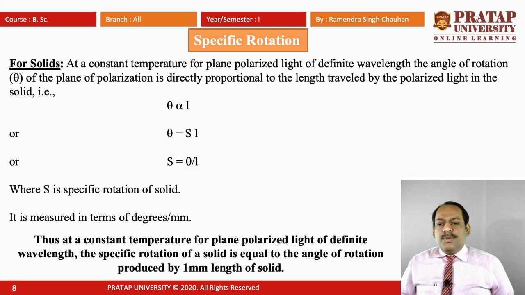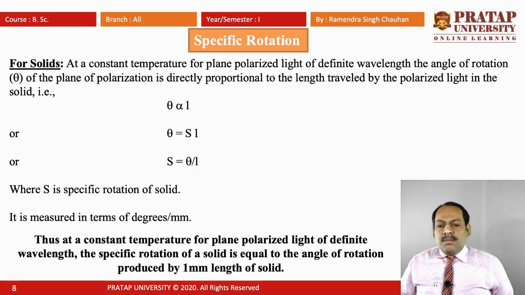Here S is the specific rotation in solids, and it is measured in degrees per mm, because in solids length is effective, and in solids the molecules are compactly placed, so a millimeter distance is also effective.